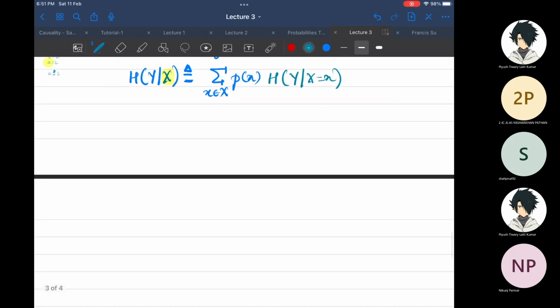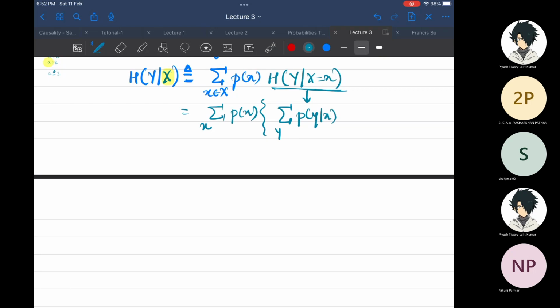So basically what I mean is, let me just write it down and then maybe it will be more clear. There is this summation over x, P of x is there. Let me write down what this term means. This term here means another summation over y, and it is p of y given x.